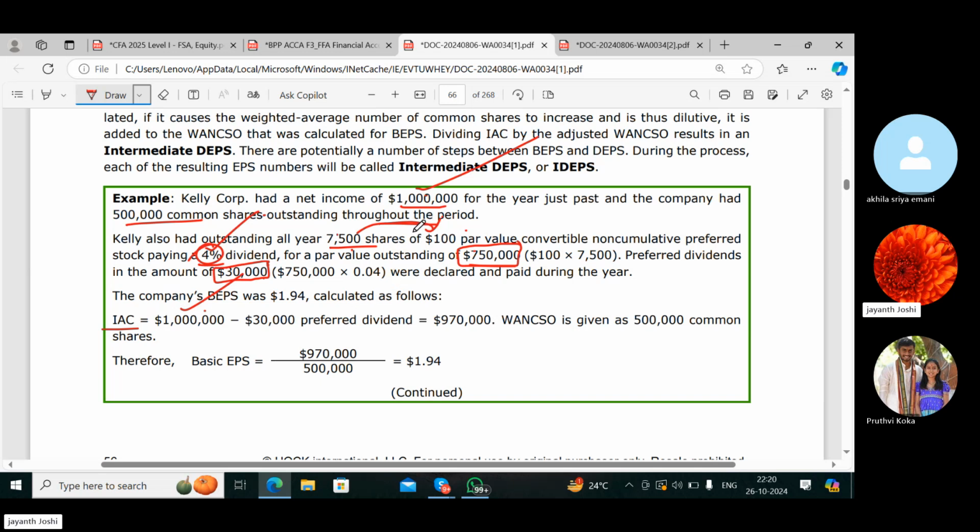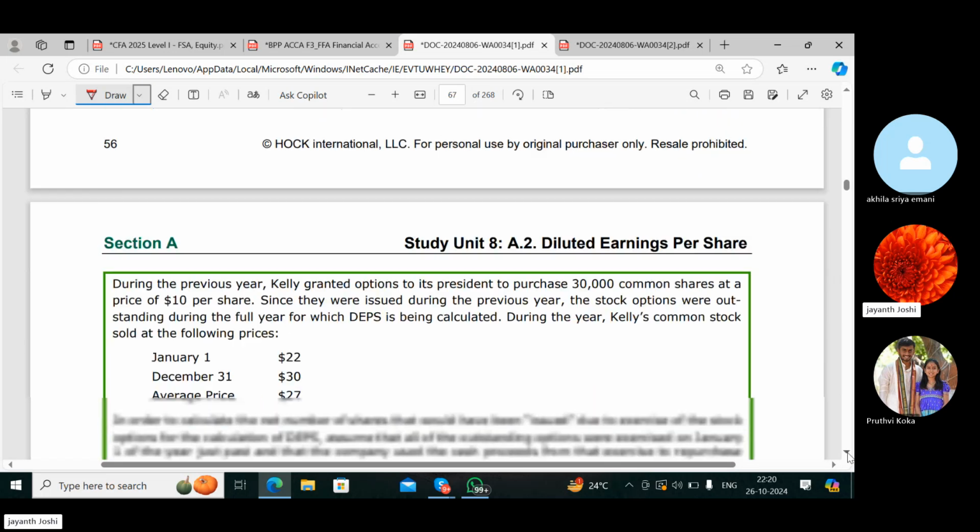And that dividend we will subtract here. So 10 lakh minus 30,000 is 9 lakh 70,000, divided by 5 lakh common shares, 1.94 is your basic EPS. But what is happening?